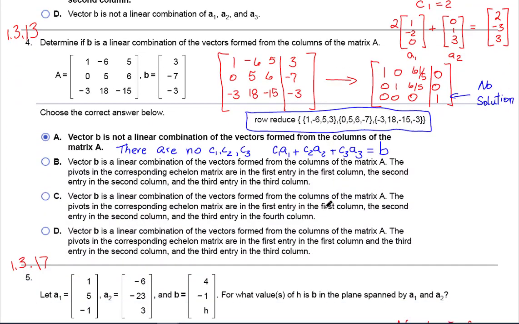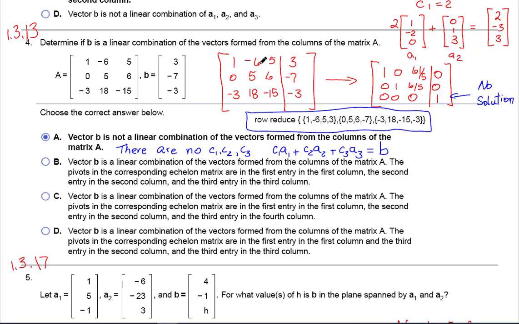In question 4, we want to determine if B is a linear combination of the vectors formed by these columns in matrix A. So is it possible to find C1 times this first column plus C2 times the second column plus C3 times the third column so that I would end up with vector B?